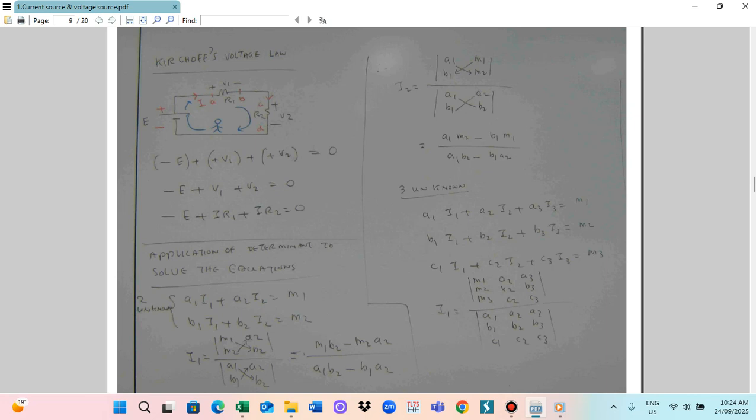Plus, going here you see a positive V2, equal to 0.